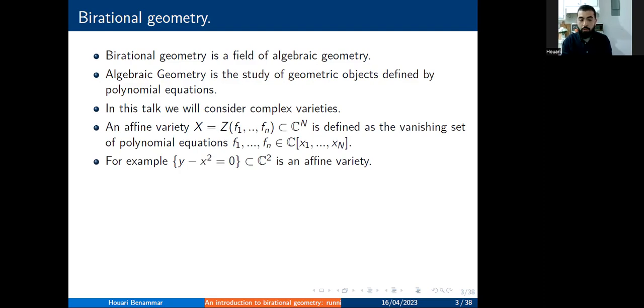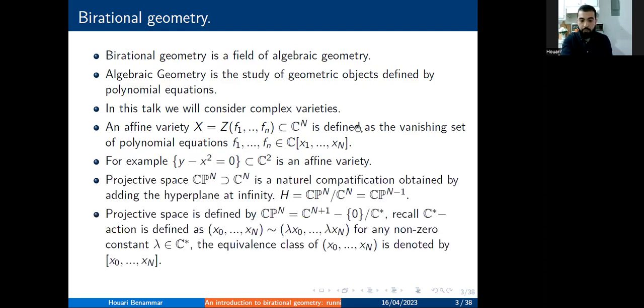Okay, so for example, we take y minus x squared equal to 0 in C2. So this is an affine variety by definition.